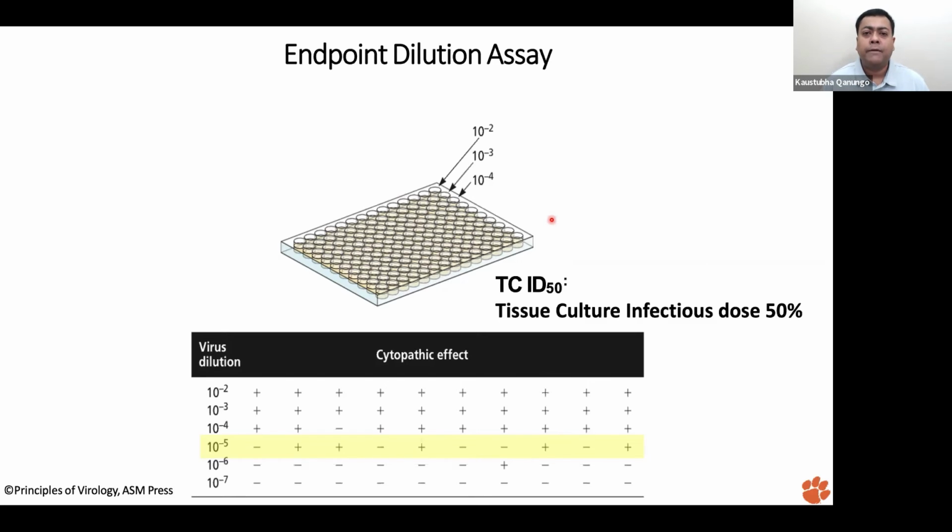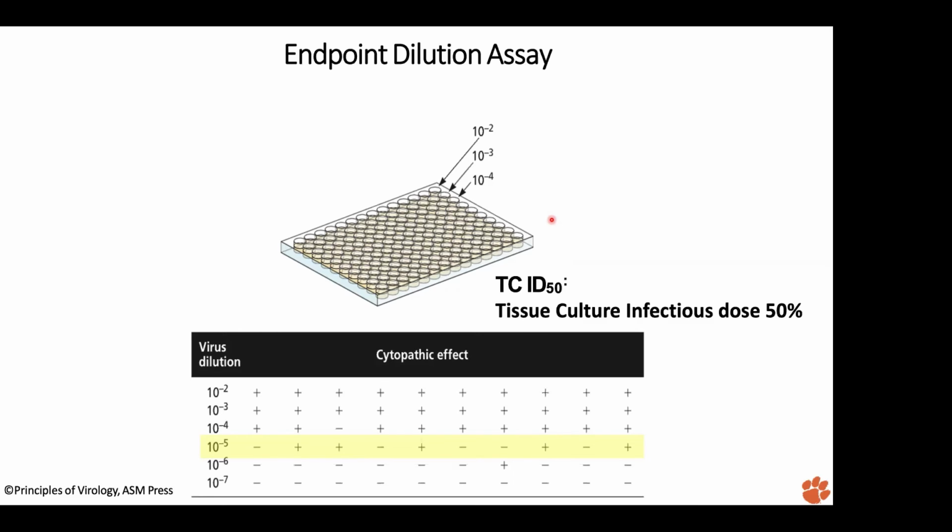And suppose you have a population of these animal models in the 50s or hundreds, and you dilute the virus and give it to them, usually for a respiratory virus an intranasal dose, depending upon what kind of virus.